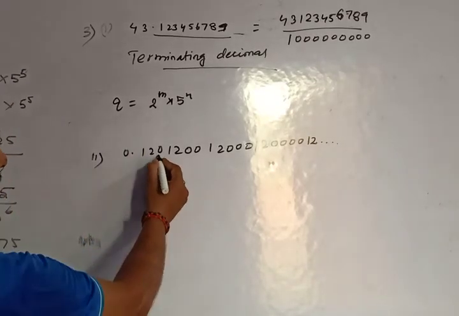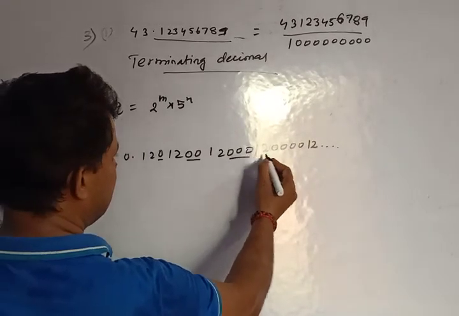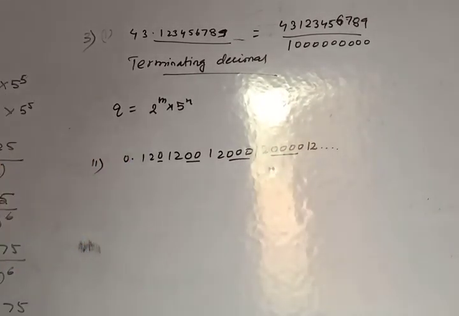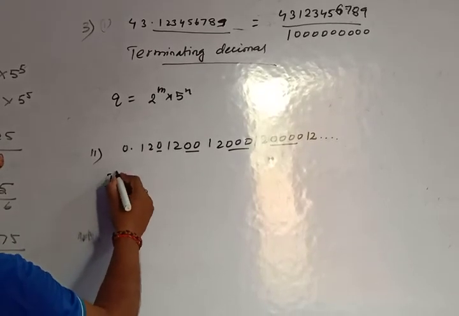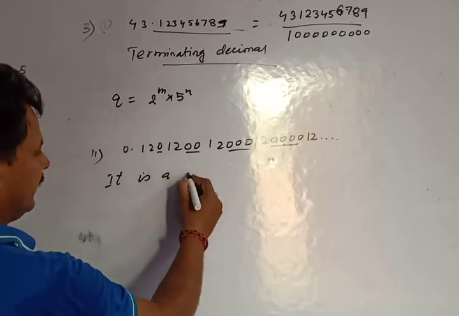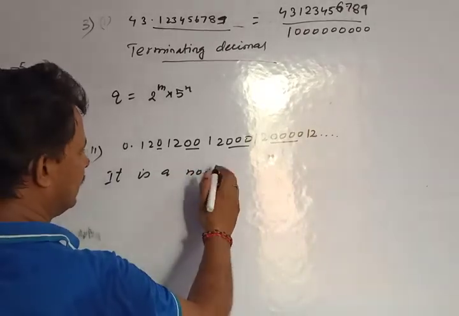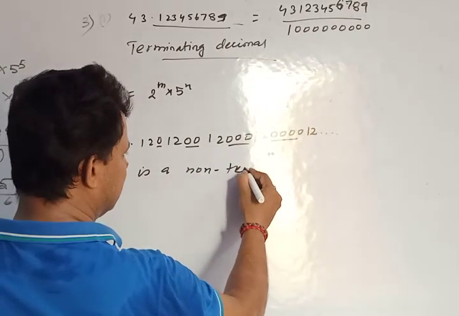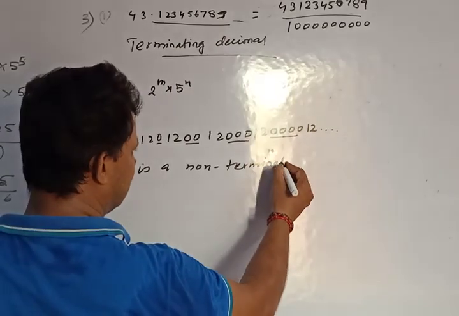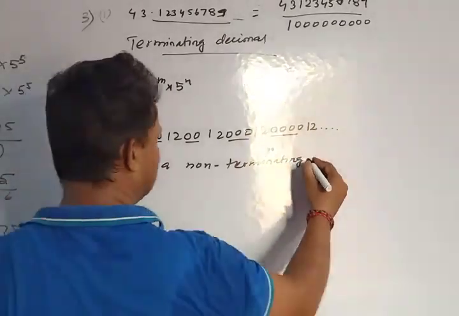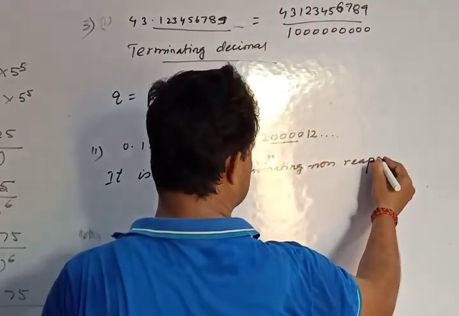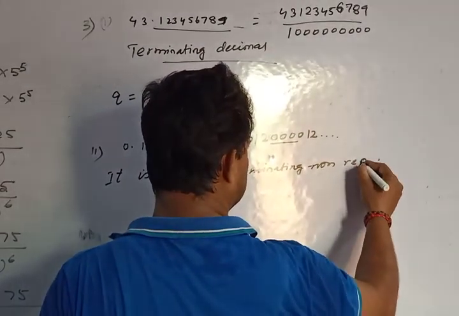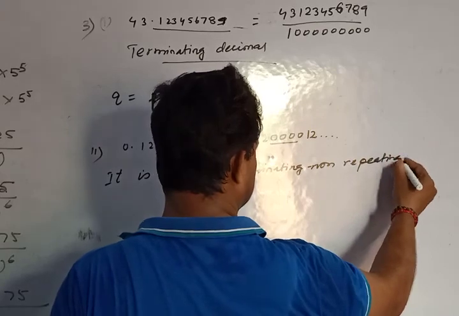You observe the pattern of zeros increasing. This is said to be a non-terminating non-repeating decimal.